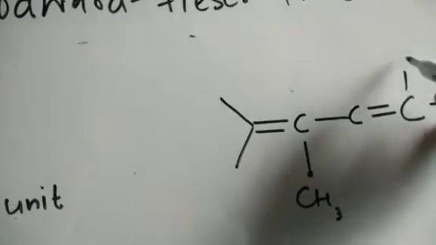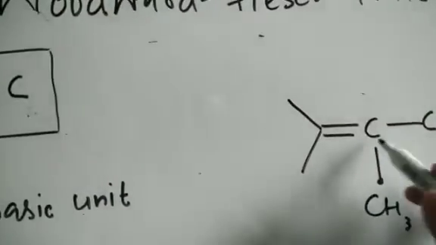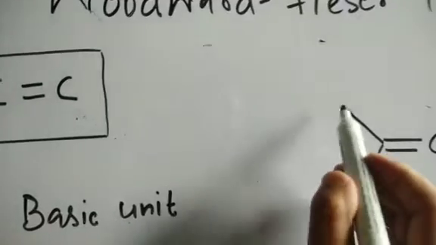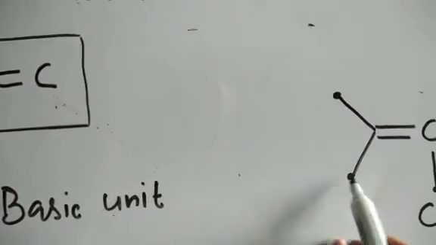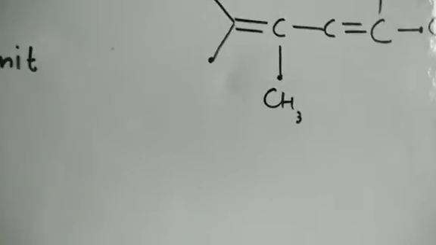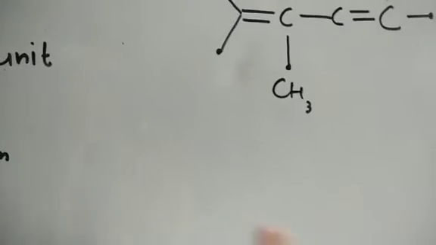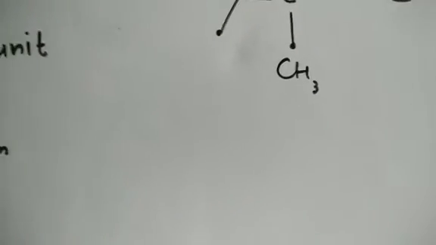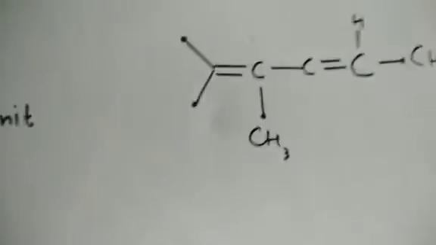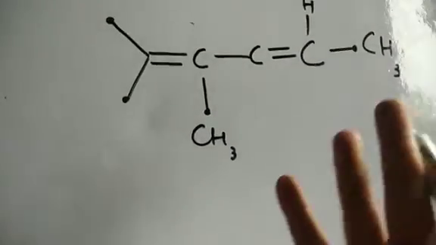This is a proton, and this is again CH3, and this is again CH3. This is a molecule; we will not worry about its name. Now what is the lambda max of this molecule?